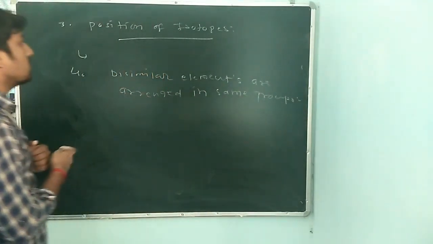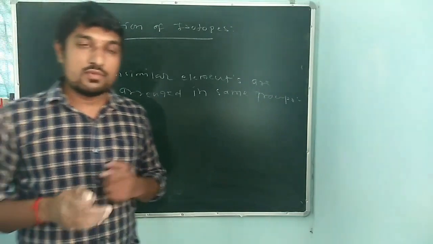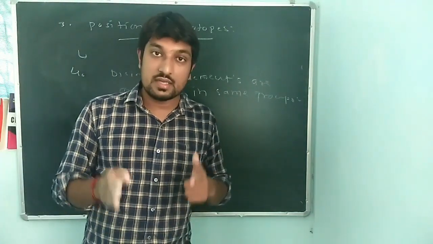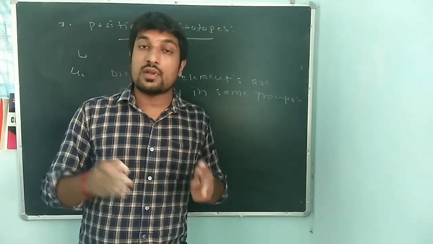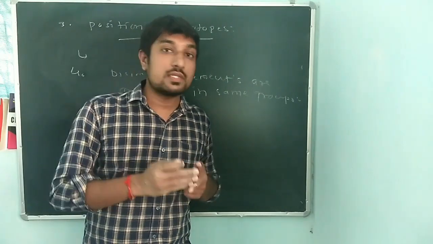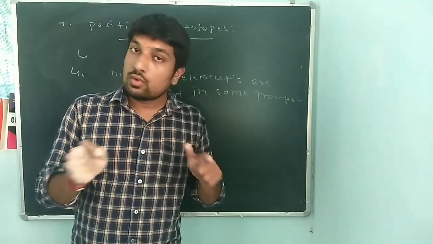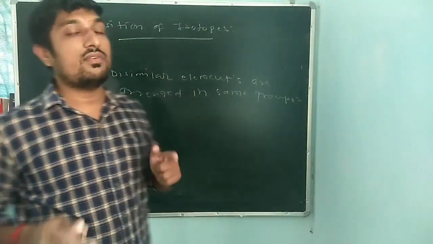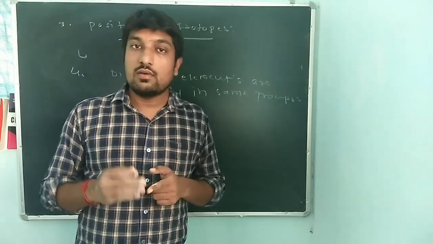We see that some elements have no similarities but are arranged in the same group, just like copper and silver, which are placed with sodium, potassium, lithium, and they have no similarities. So these are the defects of Mendeleev's periodic table. In the next class we will study the next topic.